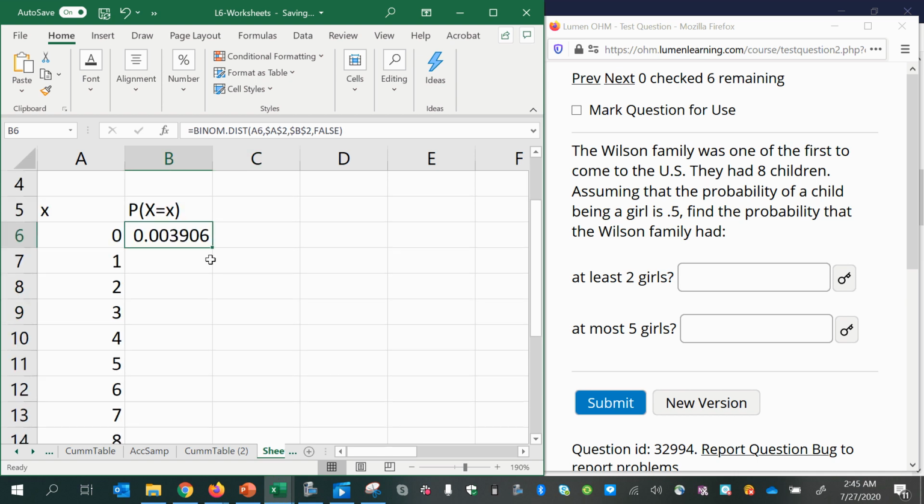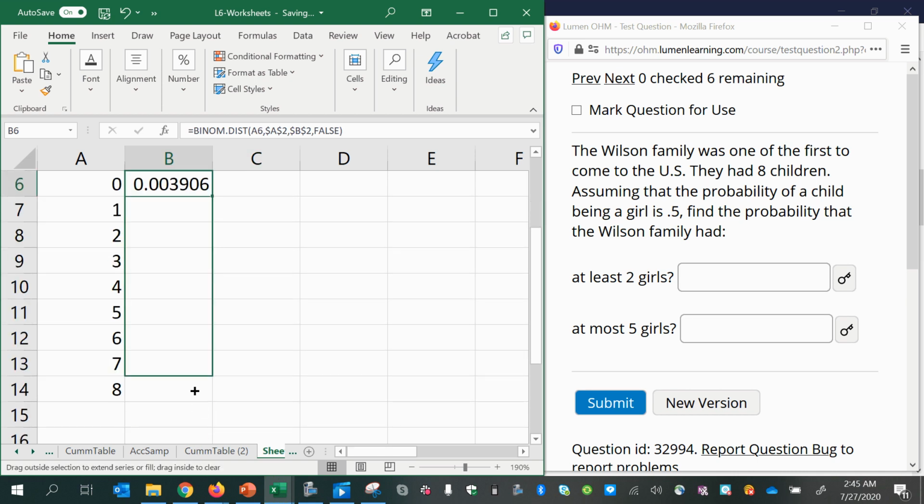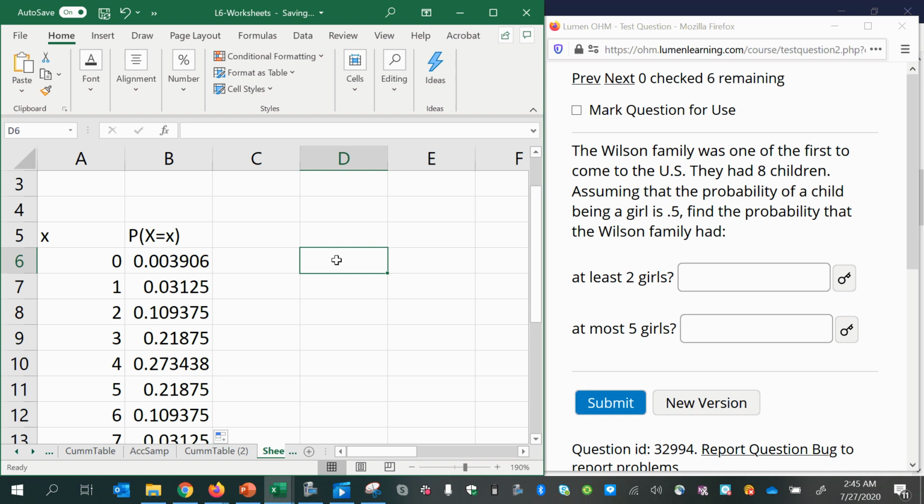And we'll go ahead and just do the exact ones because the probability of at least 2 would be the probability of 2 or 3 or all the way up to saying or 8.